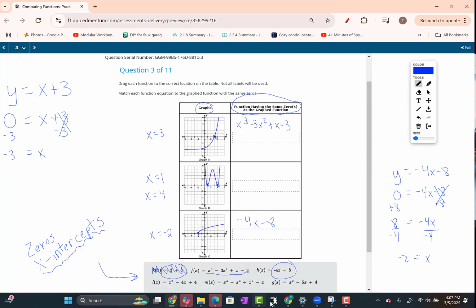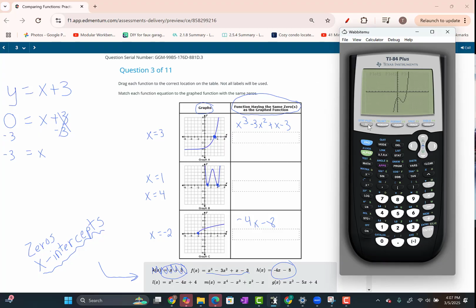All right, let's check the next one, x squared minus 4x plus 4. So let's go back to y equals x squared minus 4x minus 4. This one's only going to touch once. No, it touches twice. Let me make sure I typed that in right. I did not. That should be a plus 4, not a minus 4.